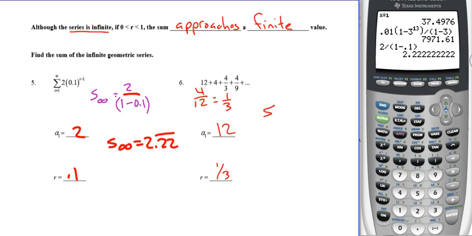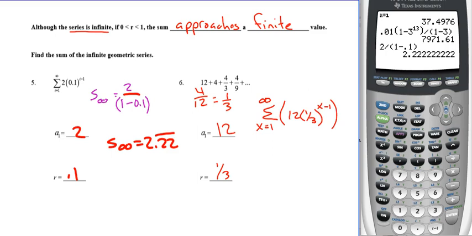So I could do sigma notation of my first number, 12, my ratio 1/3, and then raise it to the x minus 1. And that's just the formula for geometric sequences.